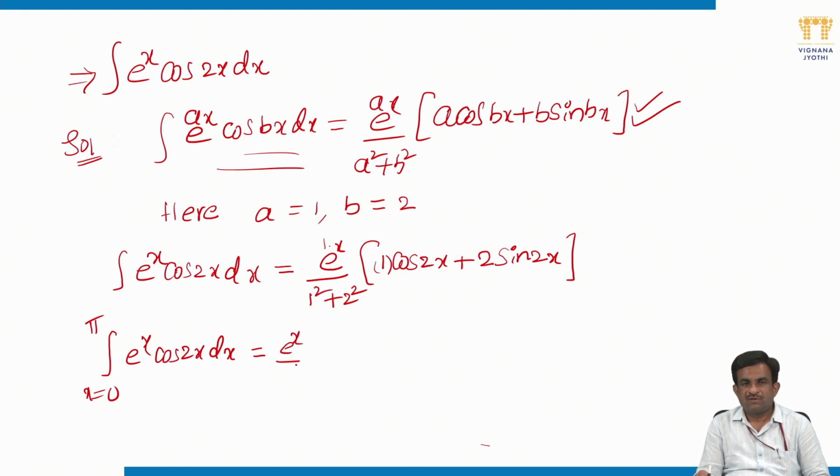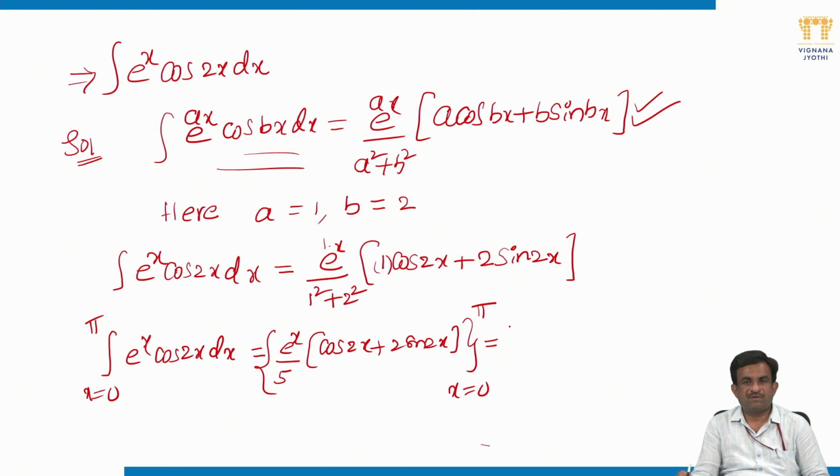For the indefinite integral we got e power x by 1 square plus 2 square, that is 5, e power x by 5, into cos 2x plus 2 sin 2x. For the definite integral, the limits are given, so we substitute the upper limit minus the lower limit.